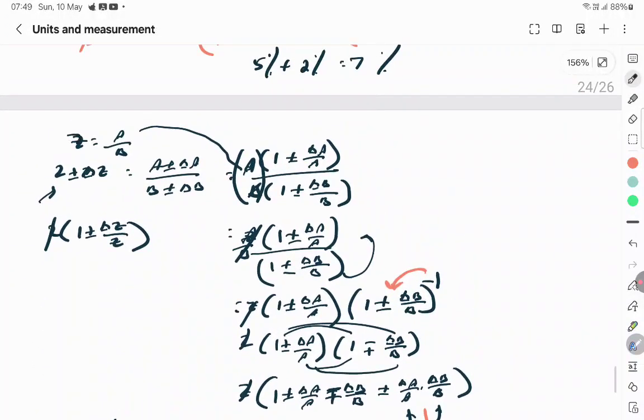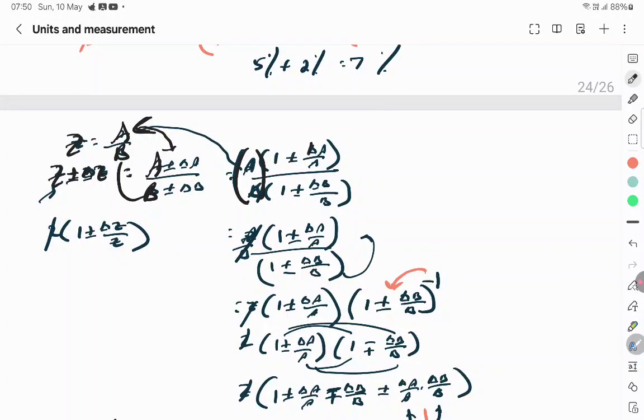See, look at this. Z is equal to A by B. A is one value and B is another value, and you're dividing it. With an error, Z is equal to Z plus or minus delta Z. A becomes A plus or minus delta A, B becomes B plus or minus delta B. From this, take A common and B common, and A by B is the real value.